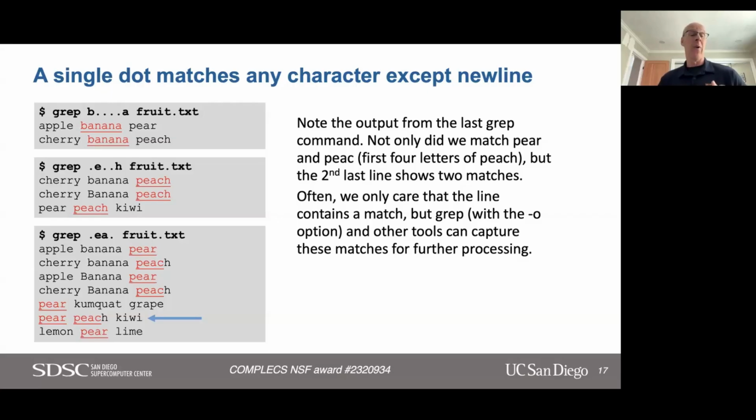So this is going to look for any character followed by ea followed by any character. And here we're going to match pair. We're also going to match the first 4 characters in peach. And notice in that last line, in the context of grep, that if we have multiple matches, we're going to get both of those. So we picked up pair and the first four characters of peach.